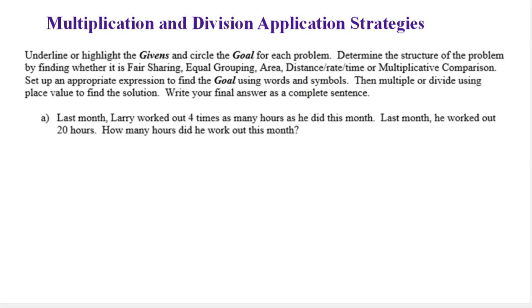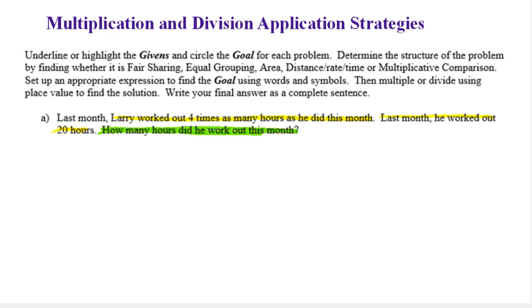So let's start with reading the question and finding what we're given and what our goal is. So last month, Larry worked out 4 times as many hours as he did this month. Last month, he worked out 20 hours. And our question is, how many hours did he work out this month? Okay.